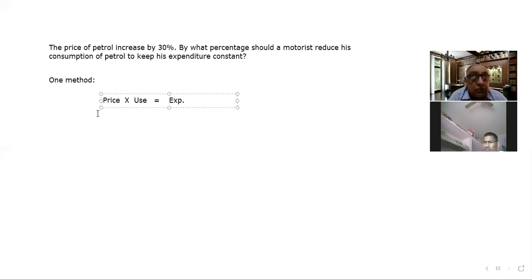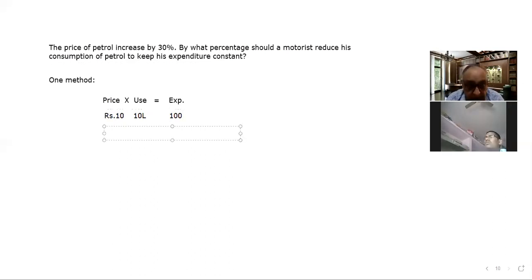Let's suppose the price of petrol is rupees 10 and the use is 10 liters, so the total expenditure becomes 100. Now the price has increased by 30%.